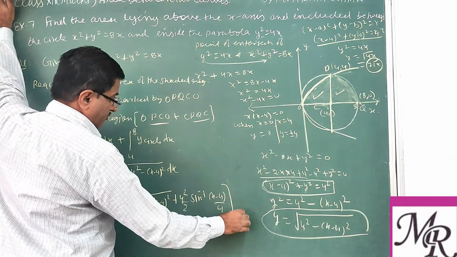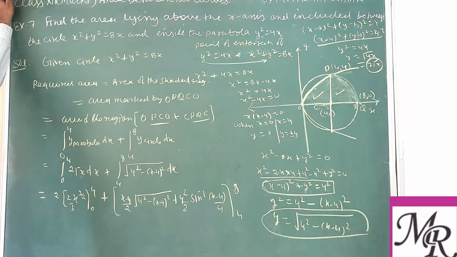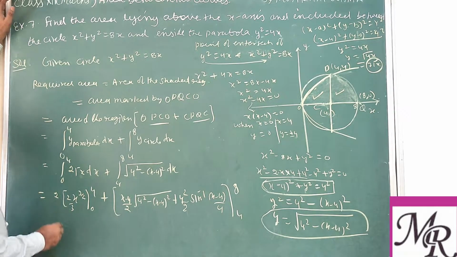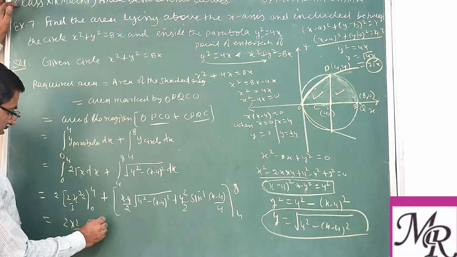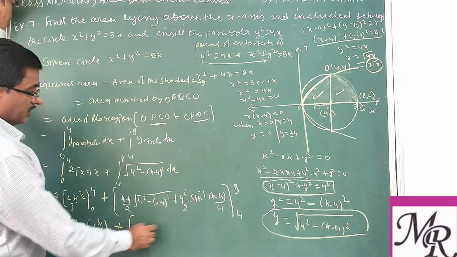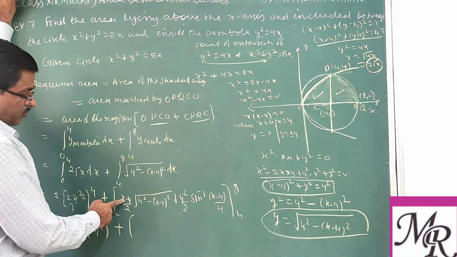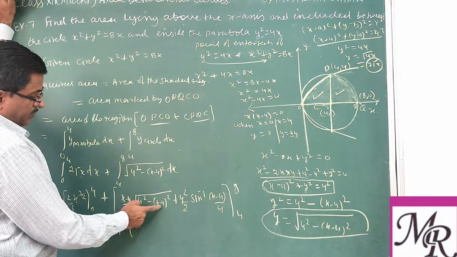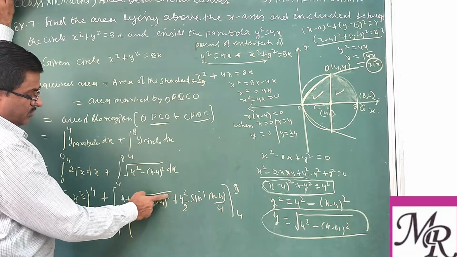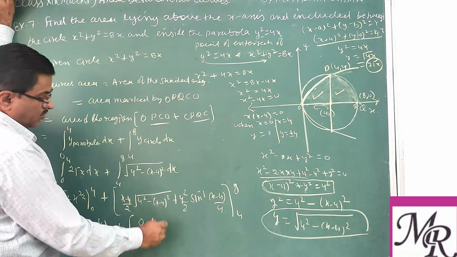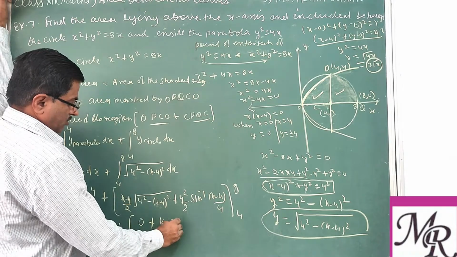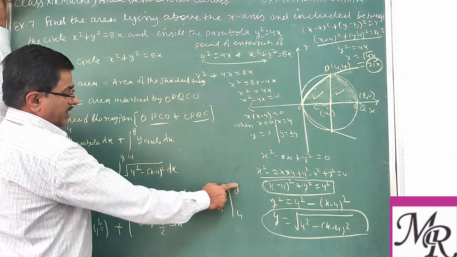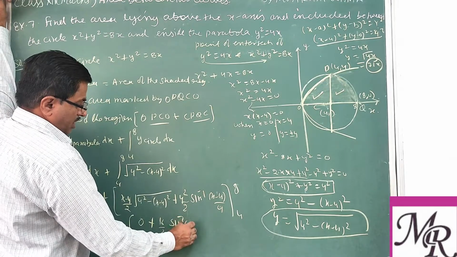Now you put the value and you get the answer. So this is 2 into 2 by 3, 4 power 3 by 2, plus, here you put upper limit 8 minus 4, that is 4, 4 square minus 4 square, first term will be 0. Then 4 square, 16 by 2, sin inverse of (8 minus 4) that is 4 upon 4, 1.